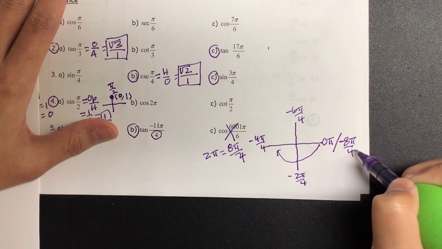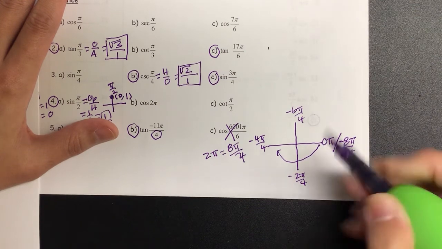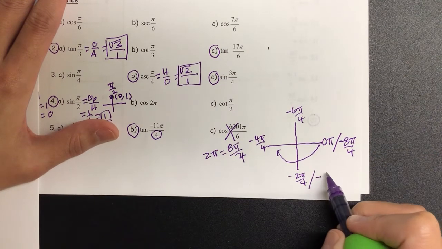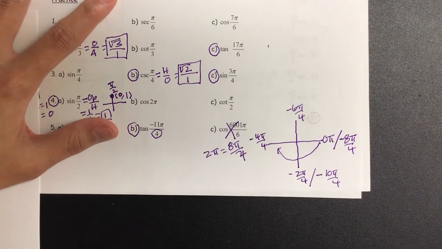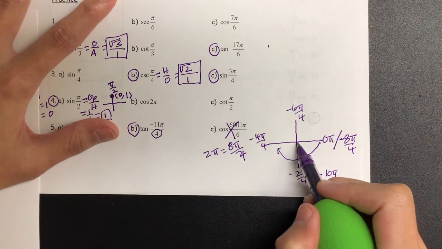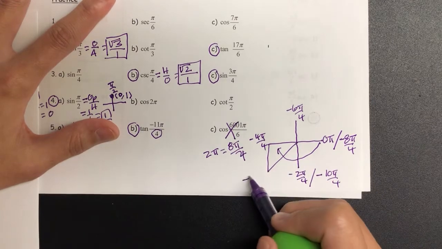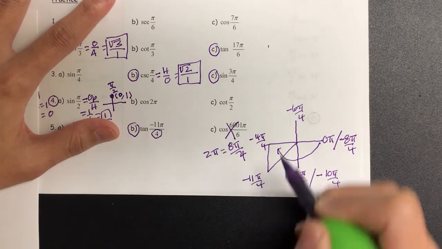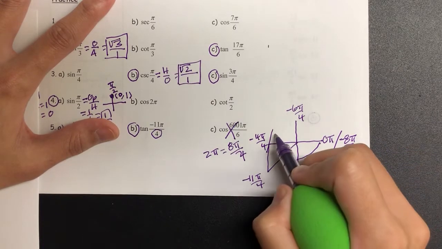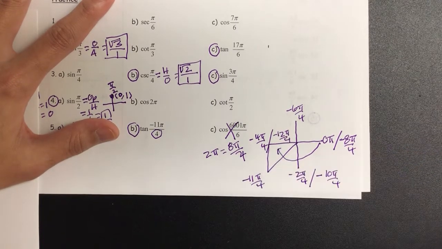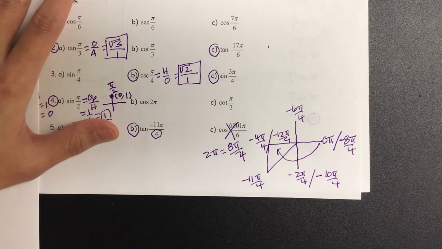And does it make sense I have negative 8 over here? What is down here then? Negative 10 pi over 4. So we know 11 pi over 4 has to go where? In quadrant 3. So that's negative 11 pi over 4. I still want to write the other coterminal. That's going to be negative 12 pi over 4? Is everyone good with that?